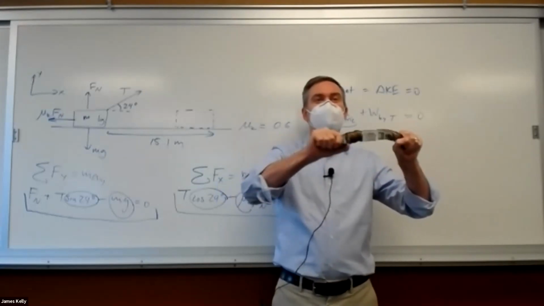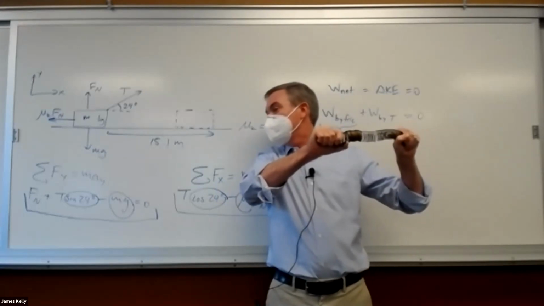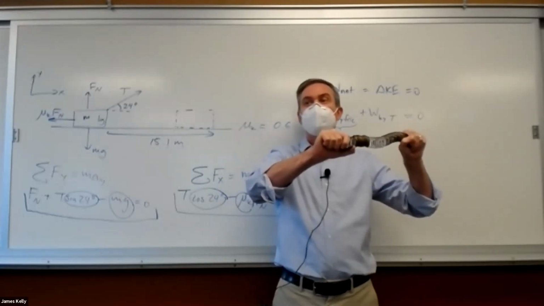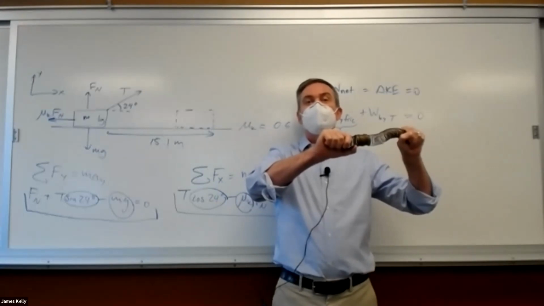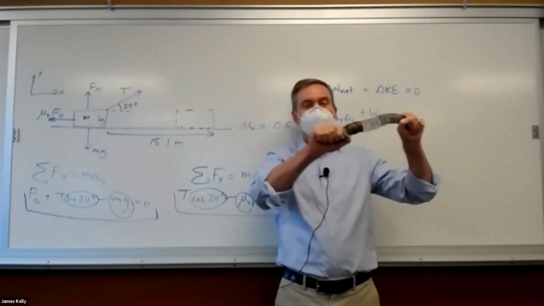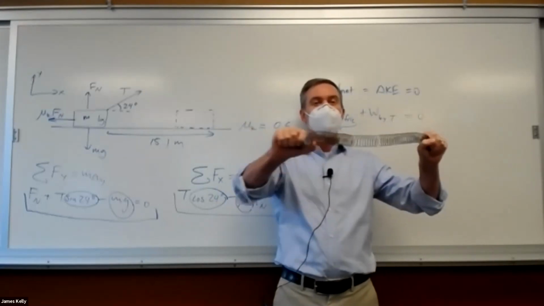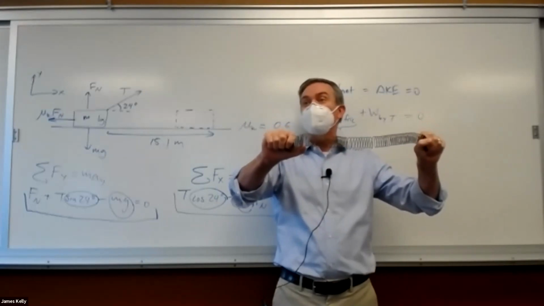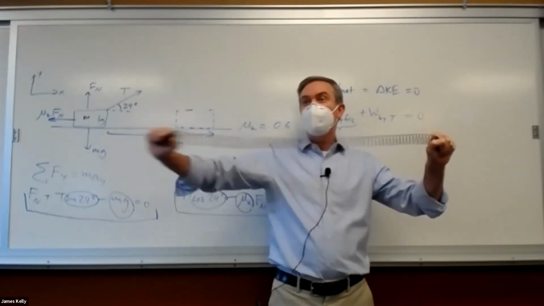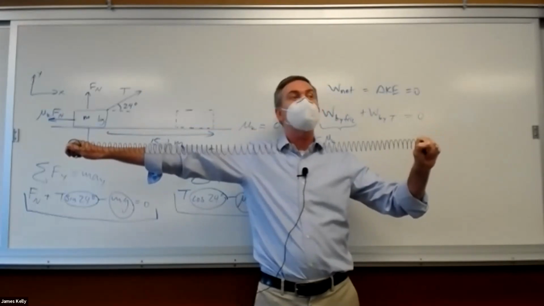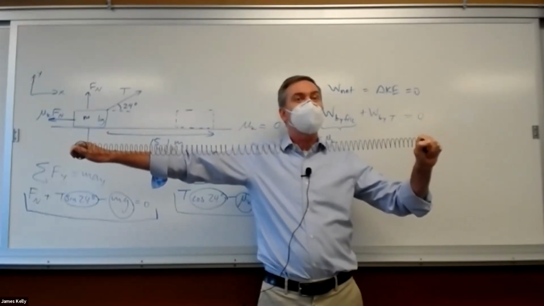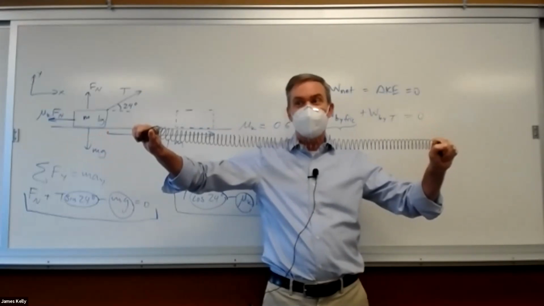So I pushed it in this direction. The spring force is pushing in that direction. So that means the spring force is doing negative work. Then maybe I bring it up here. Let's just stick to one dimension in this case. Then I bring it back. It does some positive work again. Now I'm back to where I started. Now I overshoot. It does too much negative work. And then I go back to where I intended to end up at, and it does a little bit more positive work.